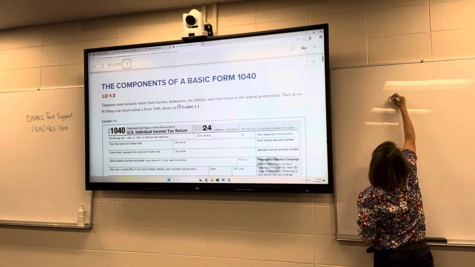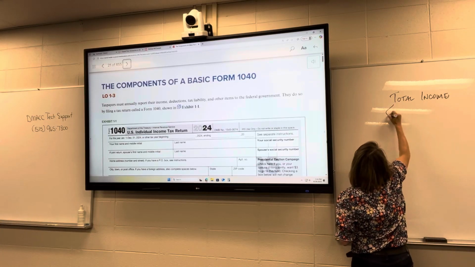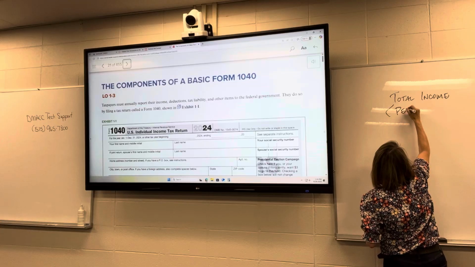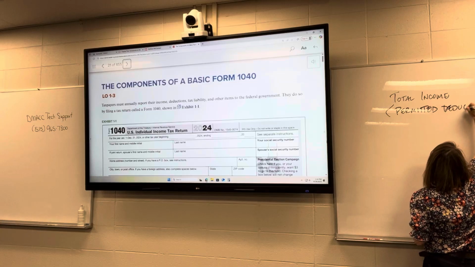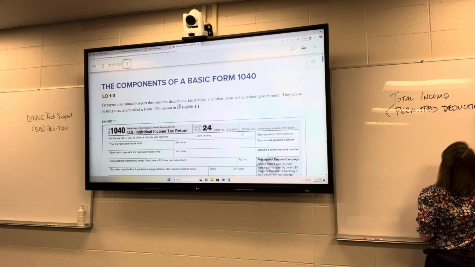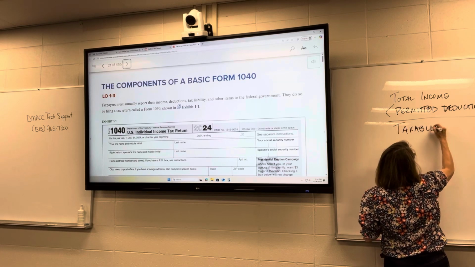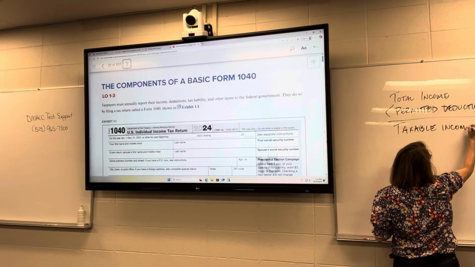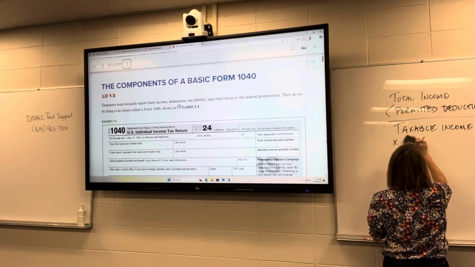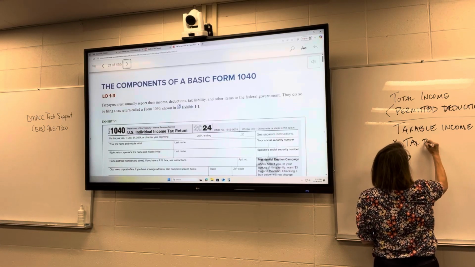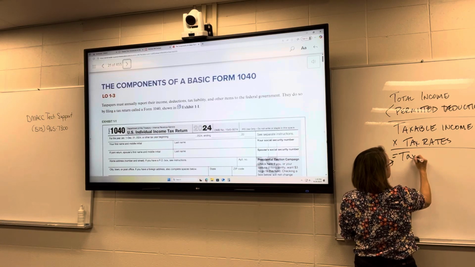We start with our total income, minus permitted deductions, which gets us to our taxable income, times appropriate tax rates, equals tax liability.